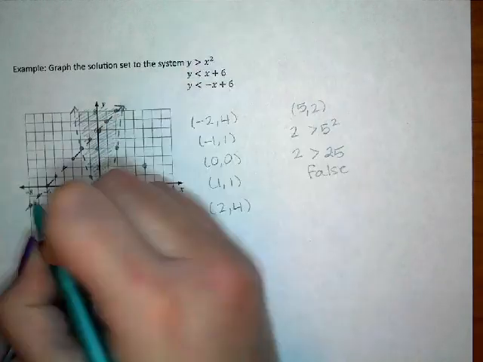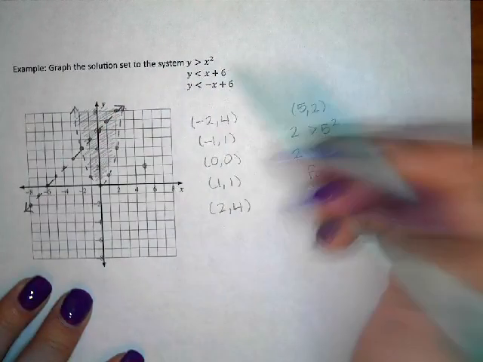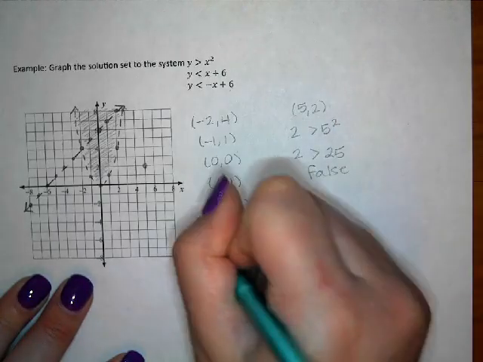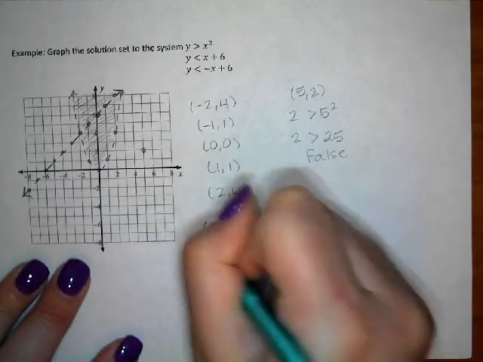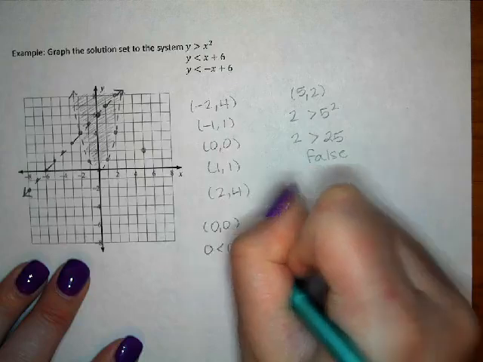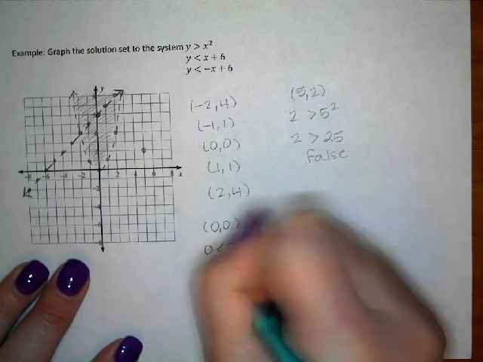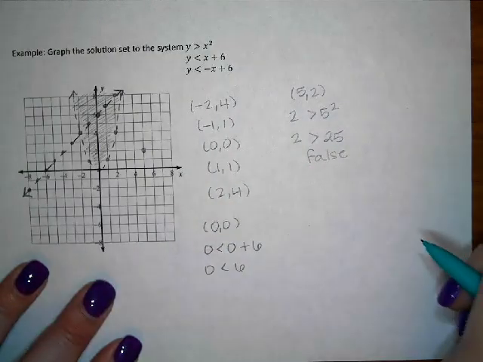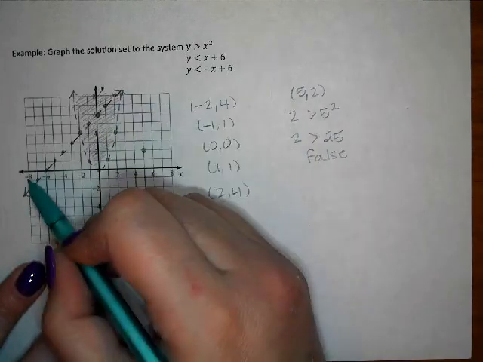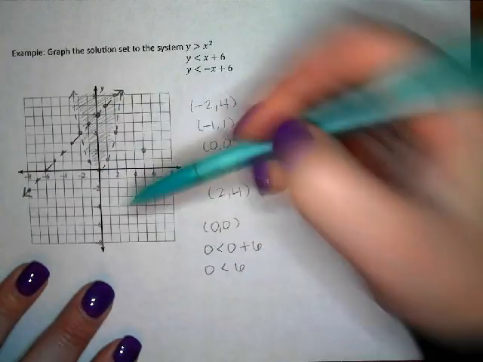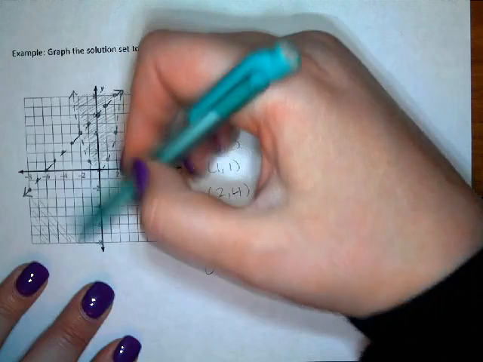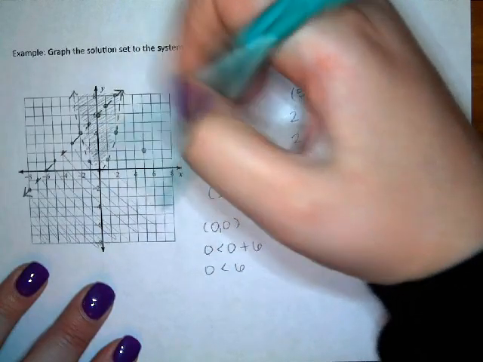So 0 is less than 0 plus 6. 0 is less than 6 is true. So (0, 0) is right here below the line. So here's my shading. Right now my double shaded area is inside the parabola but below the dotted line.